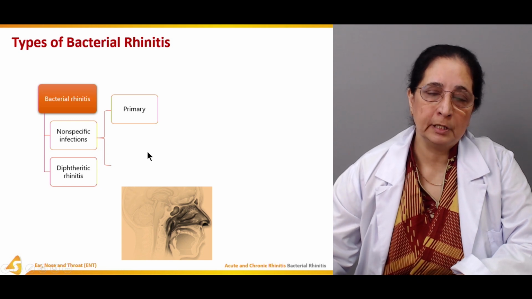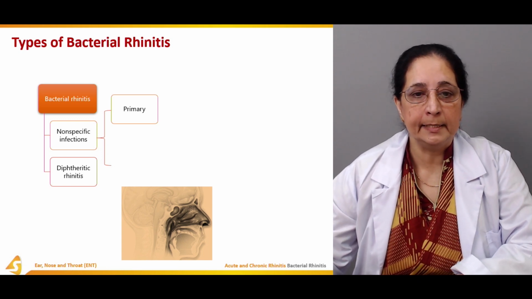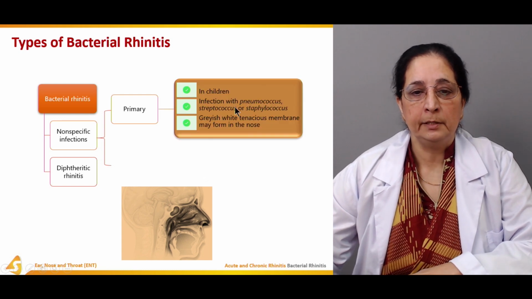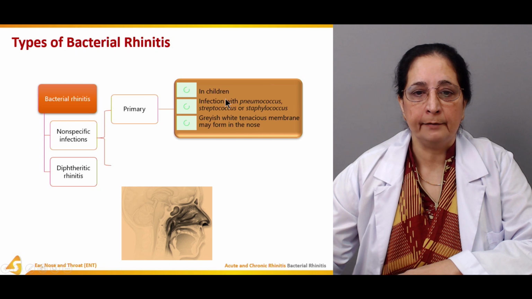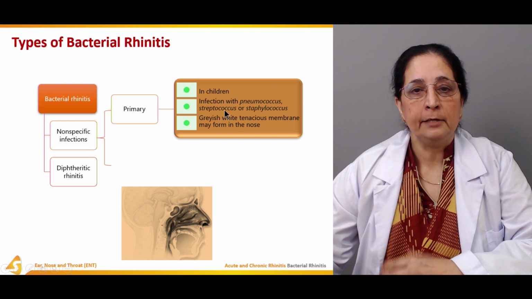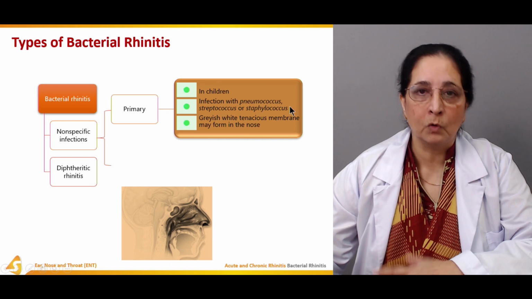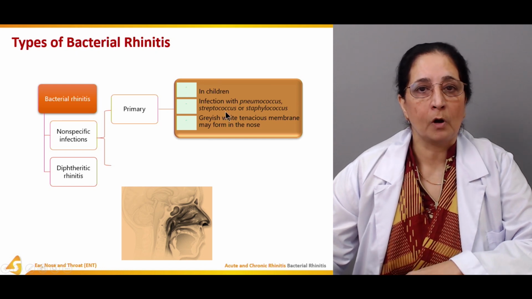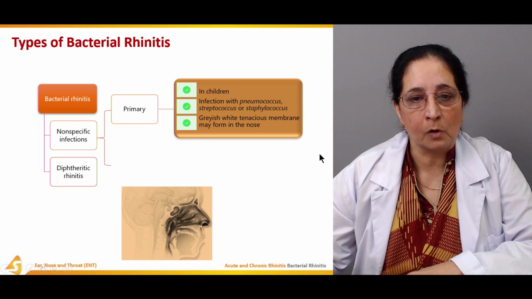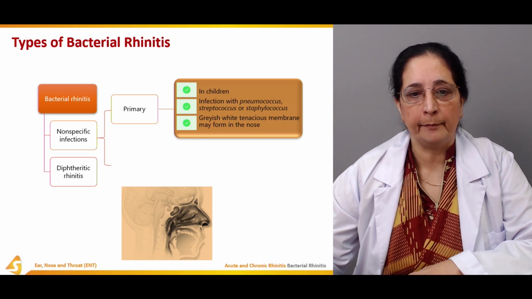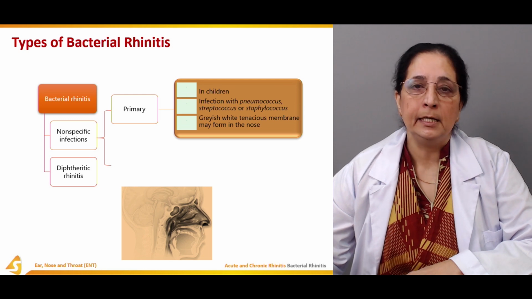Non-specific infections are further subdivided into primary infection, in which usually children are mainly affected. This primary infection is caused by pneumococcus, streptococcus or staphylococcus, and a grayish-white tenacious membrane may form in the nose.